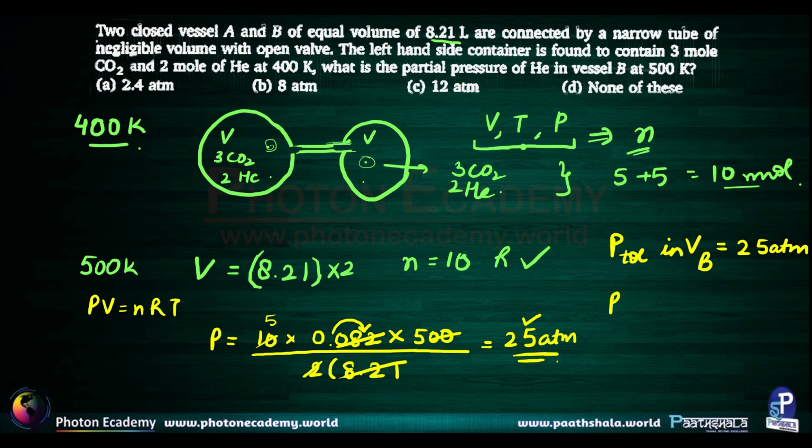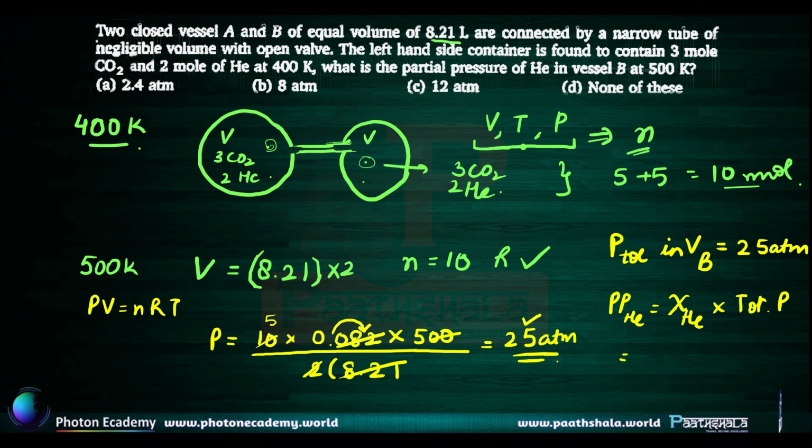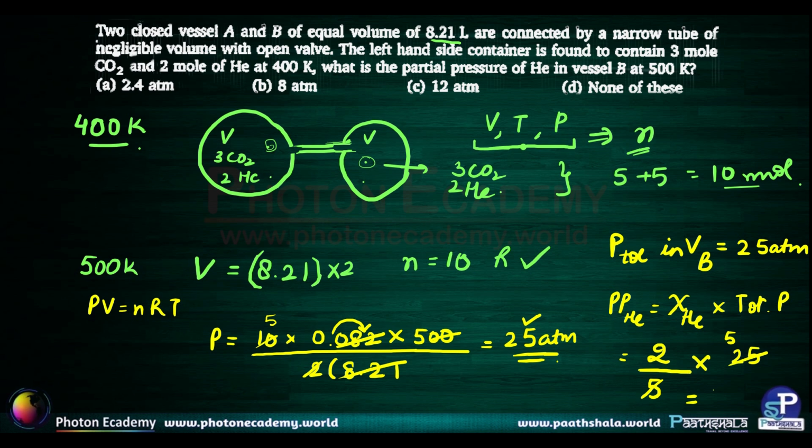The partial pressure of helium will be given by the mole fraction of helium times the total pressure. What is the mole fraction of helium in just the second volume? The number of moles of helium is 2 and the total number of moles is 5, correct? 2 plus 3. That into the total pressure, which is 25. So this gets cancelled and we get the partial pressure of helium to be 10 atm.